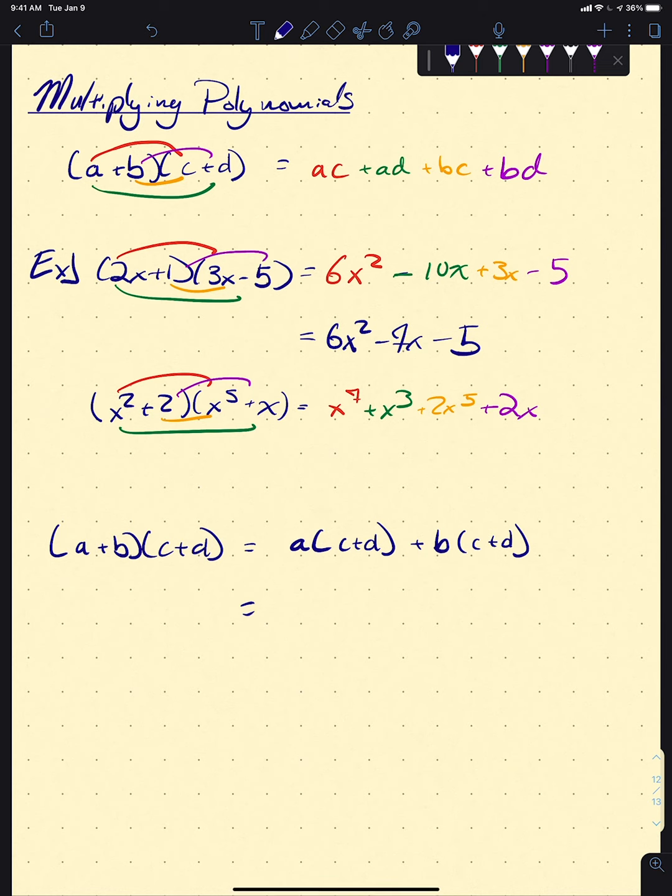But now we can use the distributive property once again into this. And we get ac plus ad plus bc plus bd. And if you look, this is our first term, this is our second term of the FOIL, our third term, and the fourth term. So this really strange thing of FOIL that we have internalized and many of us have been using for years and years, well, it's just the distributive property.